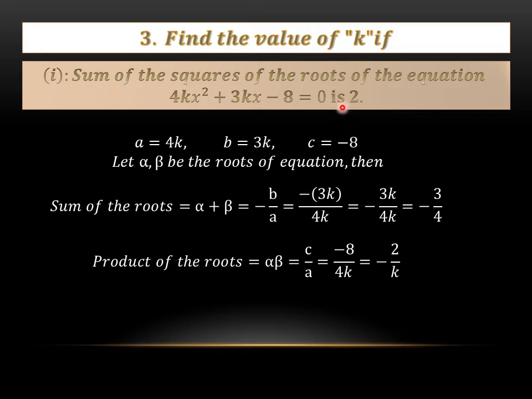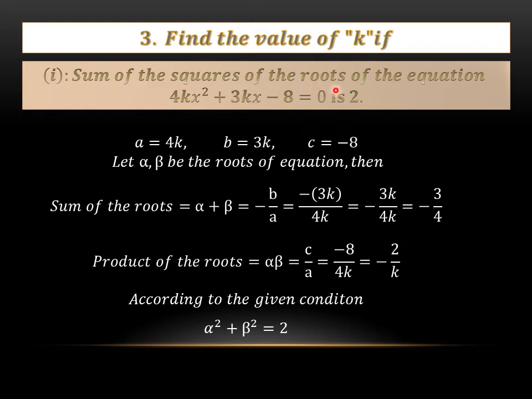Is 2, it means we will put the equal sign and 2. So what are we going to write? Alpha square plus beta square is equal to 2. Read the statement again. Sum of the squares of the roots of the equation. So the roots of the equation are alpha and beta.